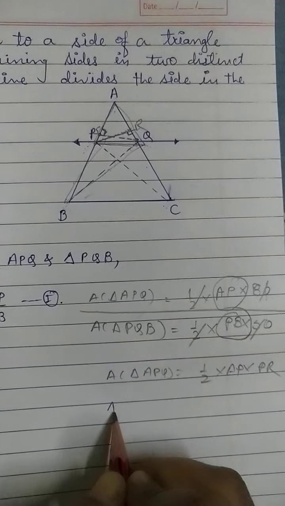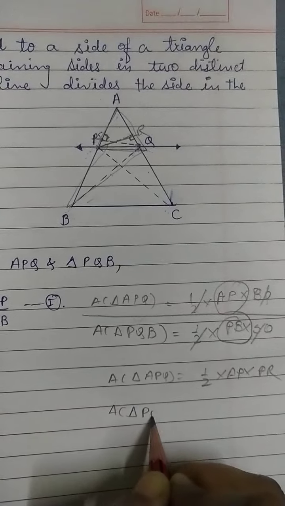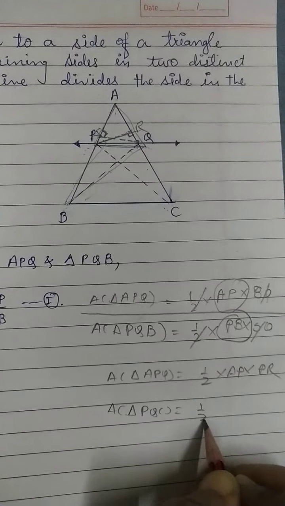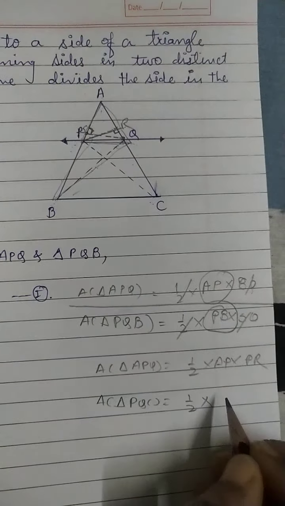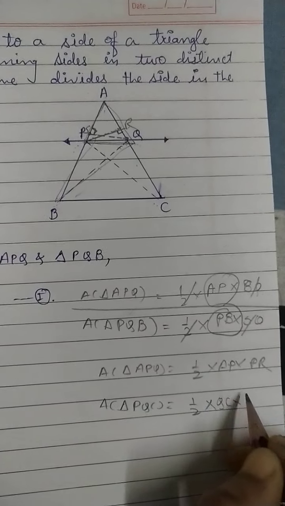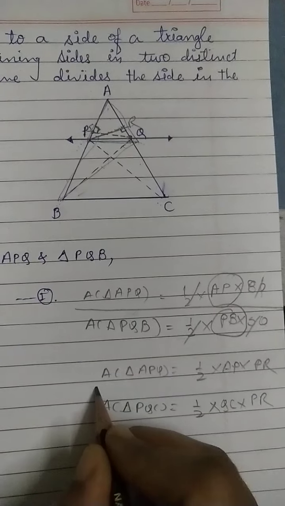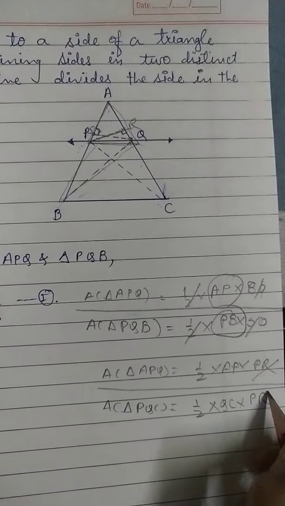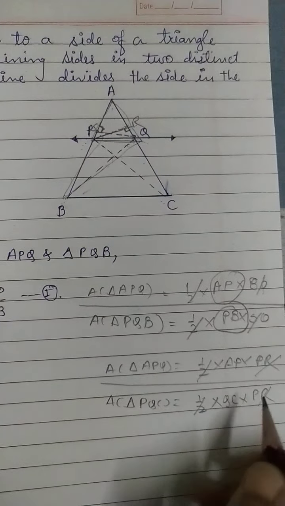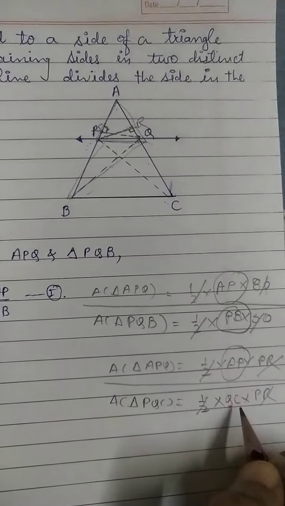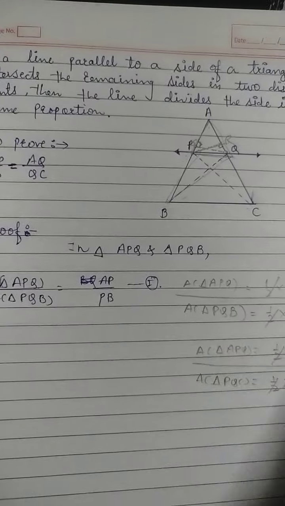After that, triangle PQC equals half into QC, the base now, into again height PR. So if I take a ratio of these two, PR will get cancelled, half will get cancelled. What remains? AP upon QC.